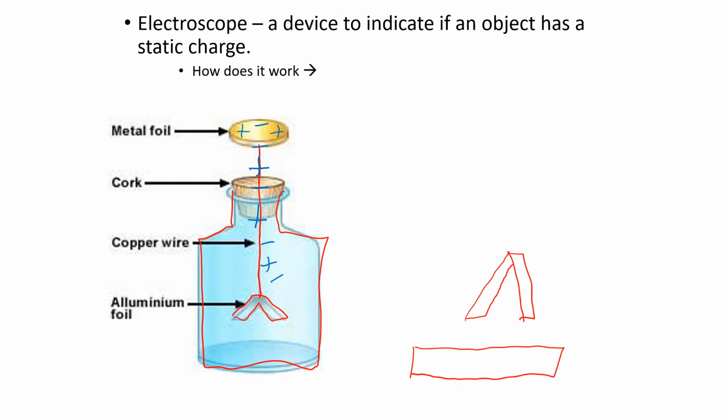And down here, at this very important part, there are some positives and negatives as well. Now, let's imagine that you have a charged object. So let's imagine we have that balloon again, and that this object right here is negative.